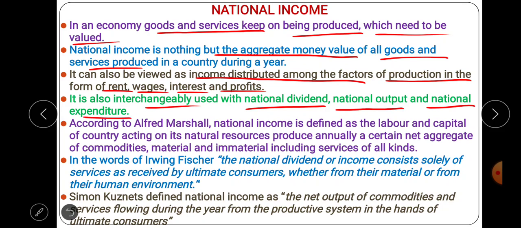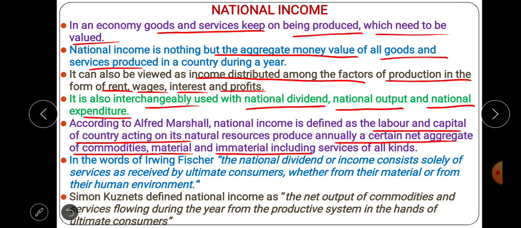Next, according to Alfred Marshall, national income is defined as the labor and capital of a country acting on its natural resources, producing annually a certain net aggregate of commodities, material and immaterial, including services of all kinds.